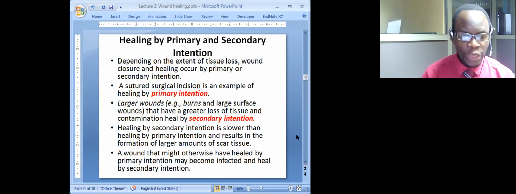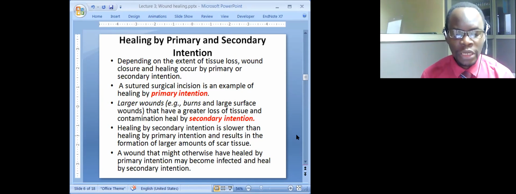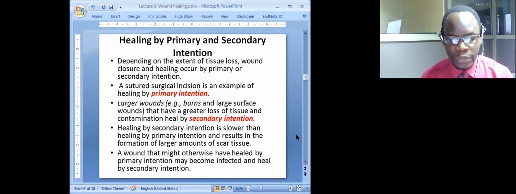So with healing by primary intention, we look at wounds where maybe someone has been operated upon and cut very well along a surgical incision. There, a wound can basically heal by primary intention.